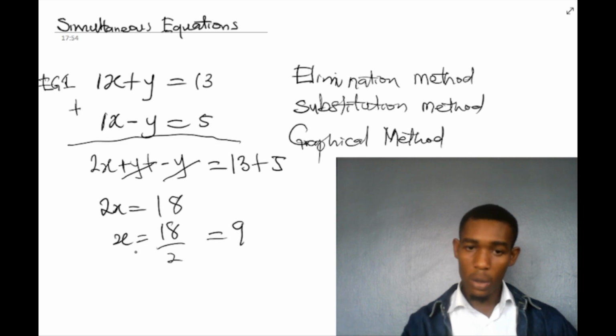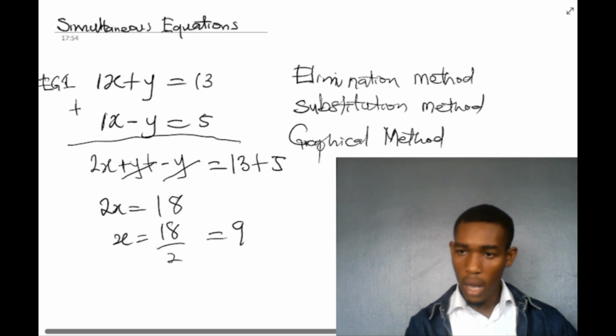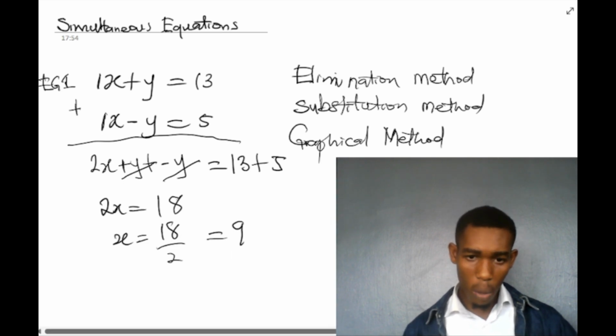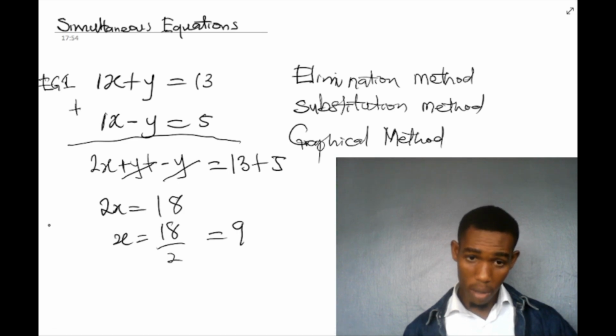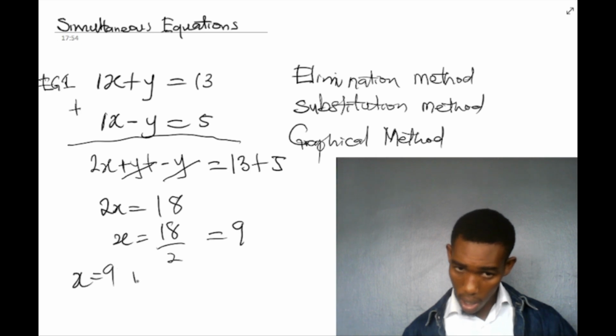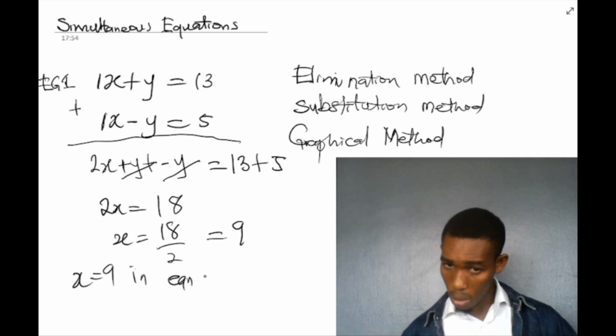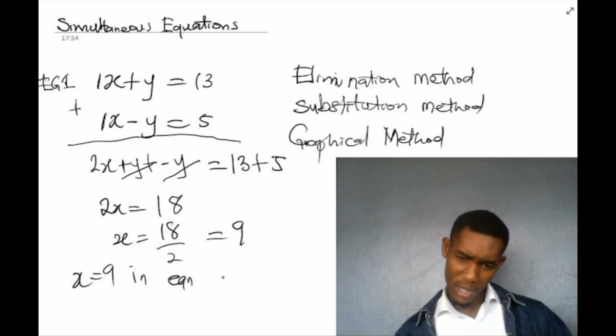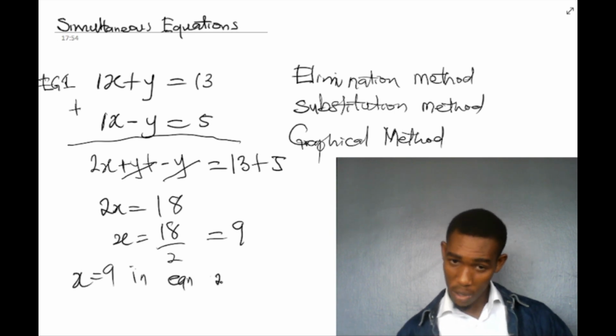So what do I do next? I substitute. I'm going to substitute the value of x, x equal to 9, in any of the equations, equation 1 or 2. Let me look at the equations carefully. I decide to choose equation 2.